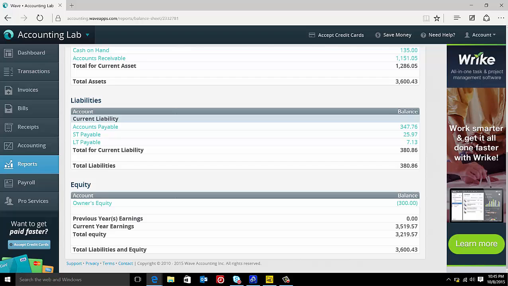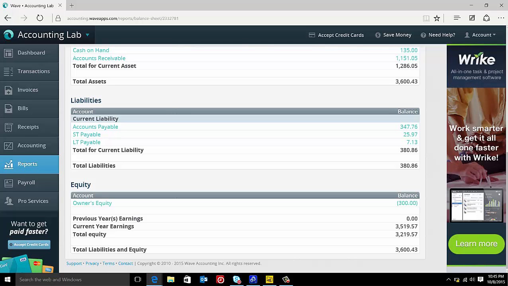Particularly if you're looking for a lending relationship or you're looking to bring on additional partners, you want to look at this previous year earnings, particularly with lenders. Lenders get very nervous if every year the business owner is taking all of the money out of the business, because it shows that maybe the business owner is not very responsible financially, or that there's a risk that the business does not make enough money to keep both the business and the owner afloat.